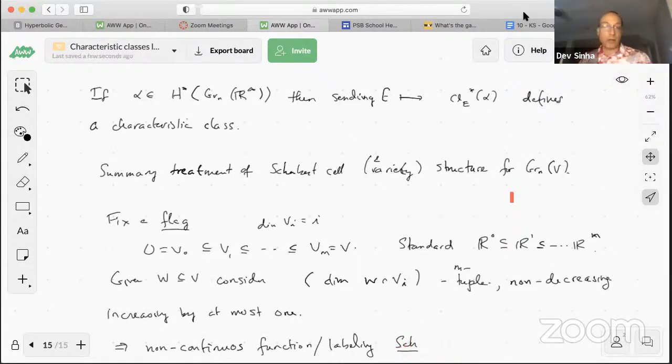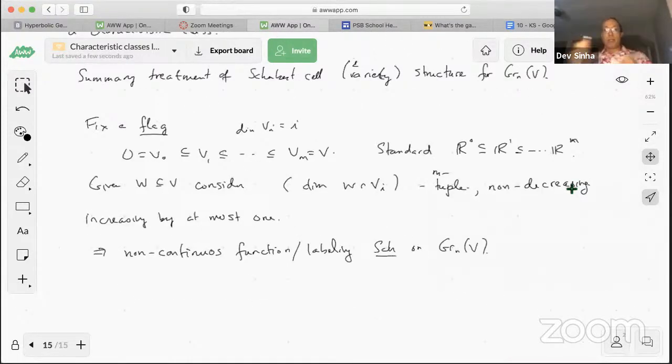So its values are in m-tuples of integers, or obviously subsets thereof because we're positive. Okay, and we're going to see that the different places where this function is constant are going to be a lovely cell structure basically on the Grassmannian.